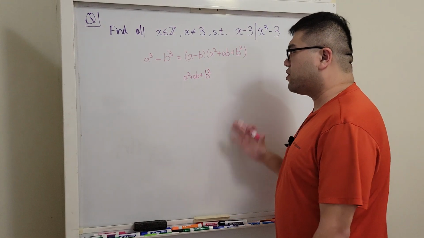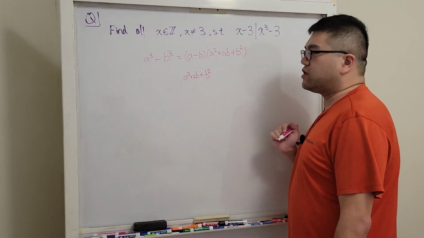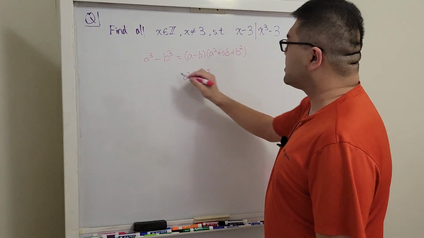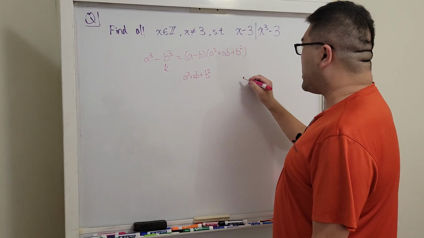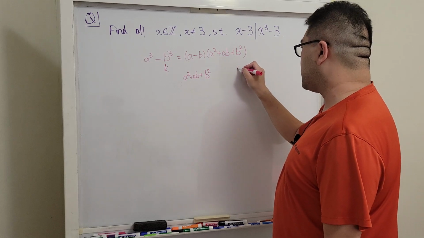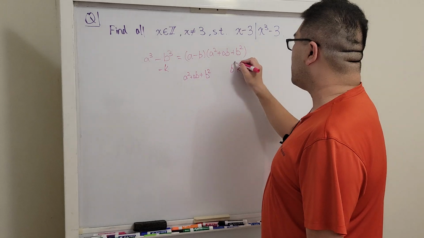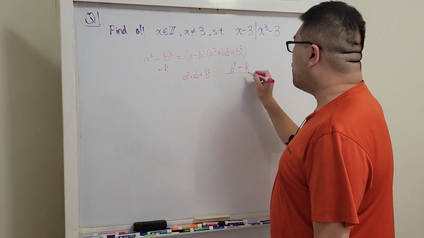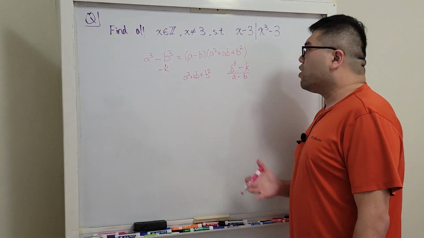But it doesn't really matter what the actual form looks like, because what we care about is the remainder. Let's call this constant k, so we have a to the third power minus k, and our remainder will end up being b to the third power minus k over our divisor a minus b here. So what is our k?